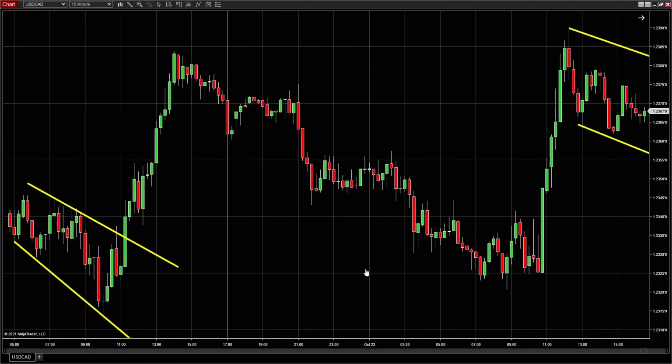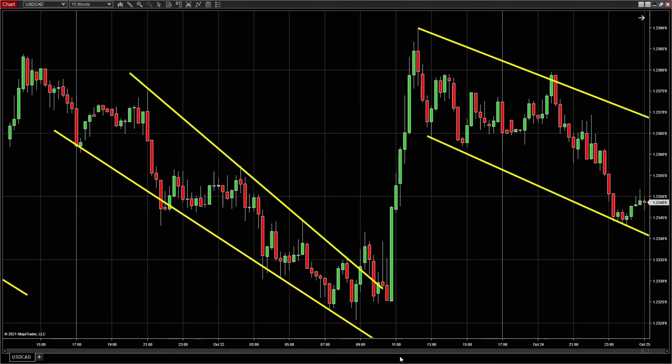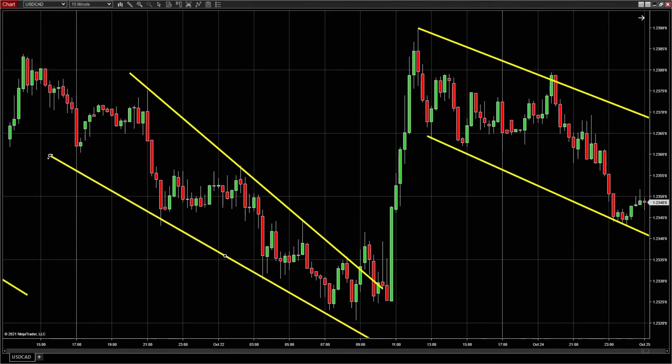Let's take a look at the next day. Okay, it's the same pattern here. We draw a downward trend line, and it is a wedge shape. Here it breaks the upper trend line, pulls back, and then we enter the trade here.